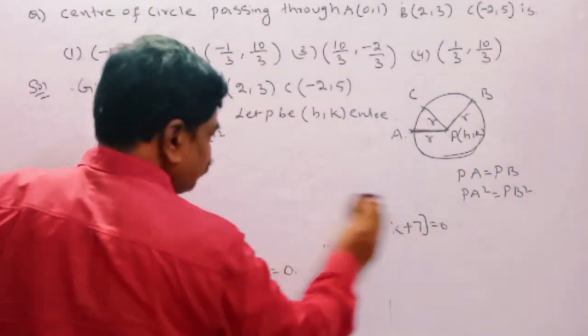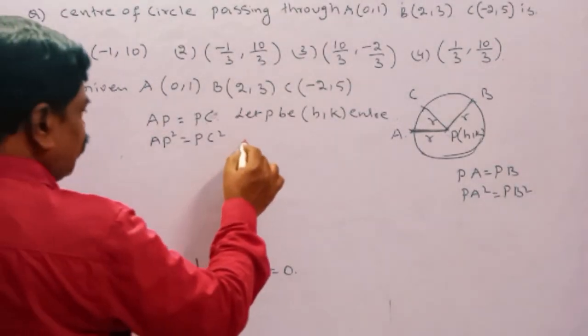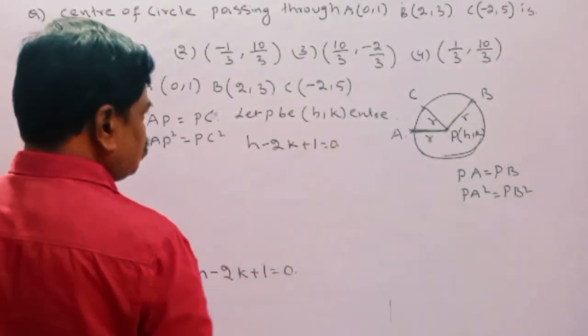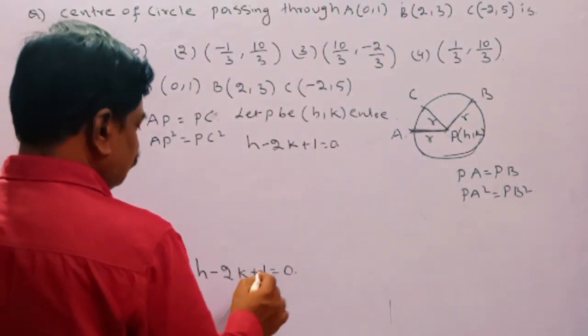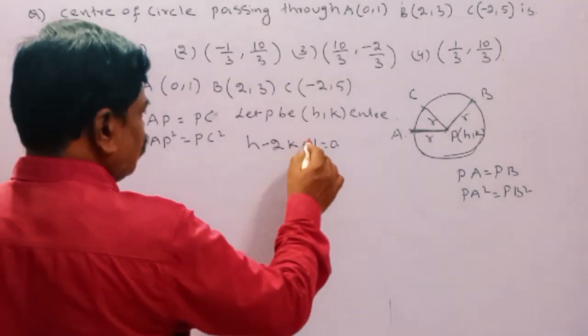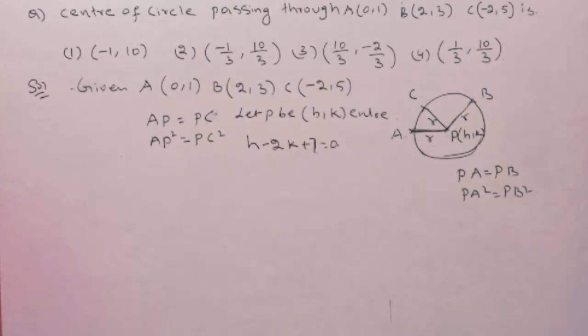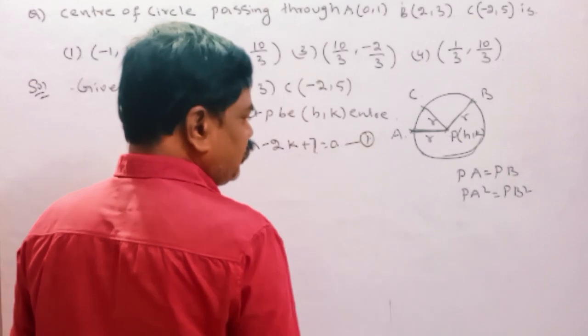We got one equation, H minus 2K plus 7 equal to 0. 28 is there, no? Sorry, this is 7. So H minus 2K plus 7 equal to 0. This is equation 1. You have to write it here.